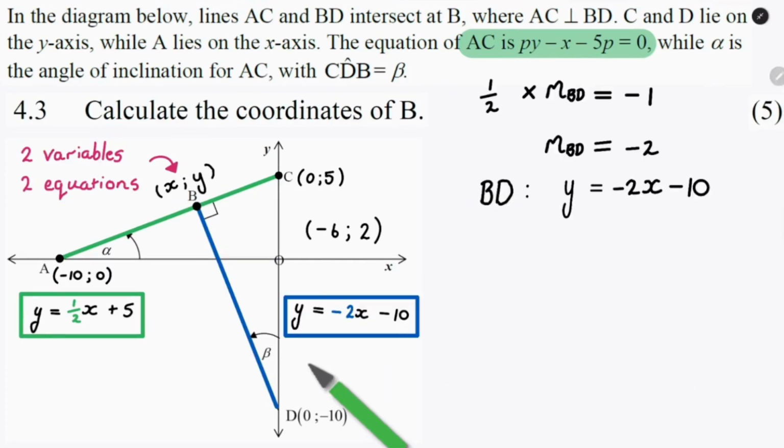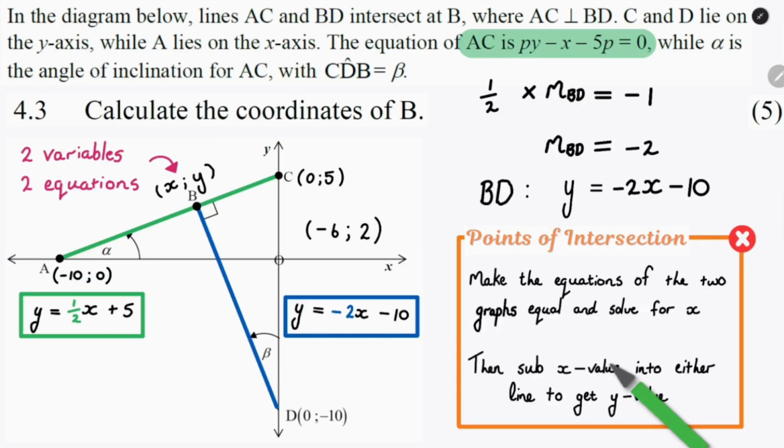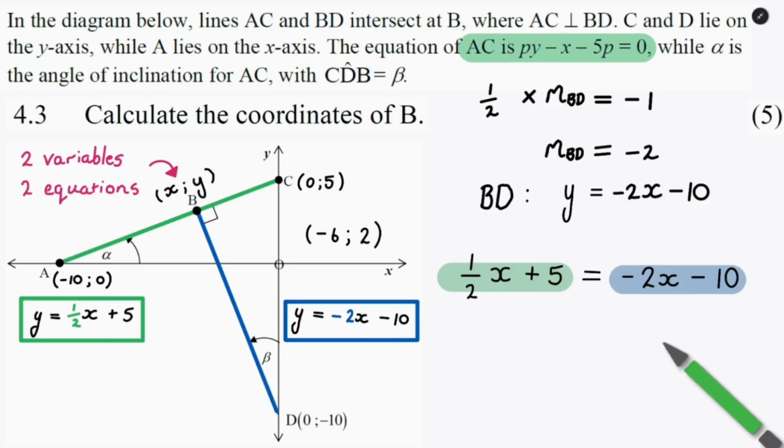And now that we have the equation of the blue line, we can jump back into our original mission from earlier, where we're going to get the points of intersection and make the equations of the 2 graphs equal. So I simply do that by grabbing the equation of the green graph, half x plus 5, equals the equation of the blue graph, minus 2x minus 10, just like this. We make them equal and we solve for x.